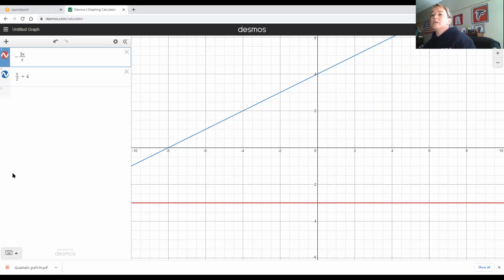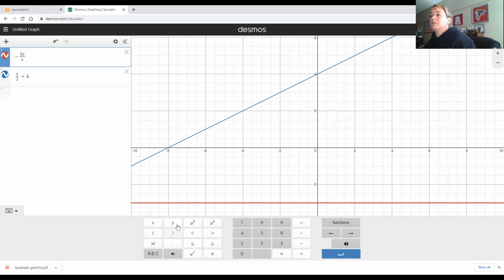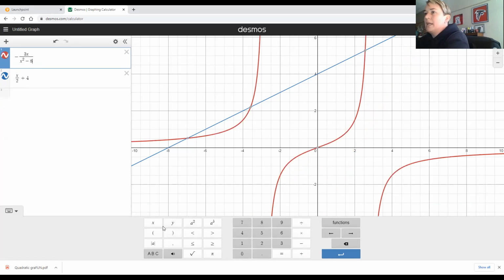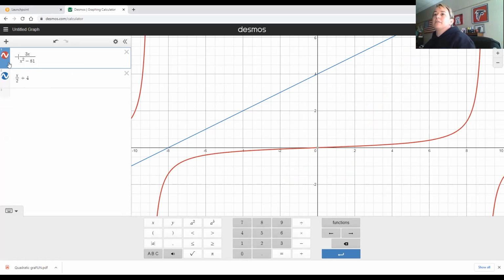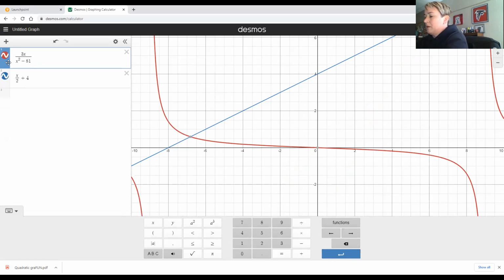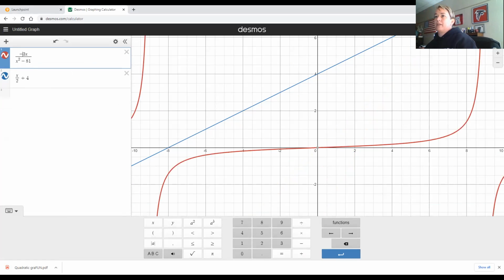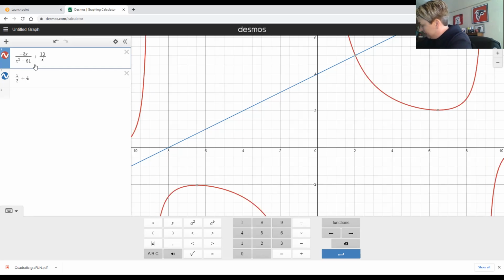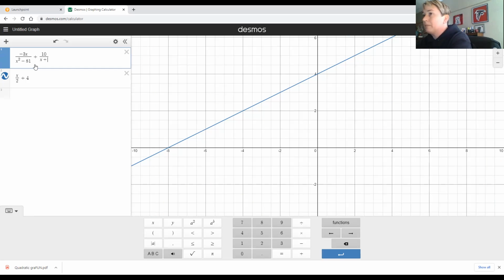I don't know how to do squared, so I'm going to figure this out. X squared minus 81. And I do want to make sure that this negative is up top instead of out front. So I'm going to just go over here and put the negative there. And then it says plus 10 over x minus 9, or x plus 9.